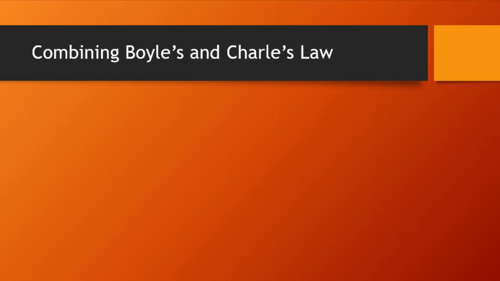So now, let us continue to the topic of combining Boyle's and Charles' law. In this topic, all the laws, Boyle's and Charles' law, are combined into the ideal gas properties.